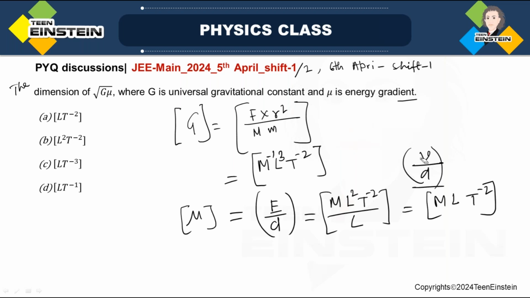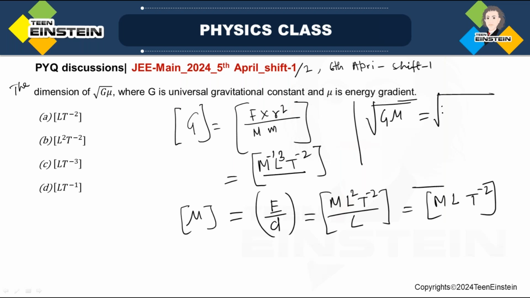So you look, I have been given to find the dimension of the square root of these quantities. Then see this one, let me multiply here: M to the power minus 1, L to the power 3, T to the power minus 2, and here this is M L T to the power minus 2.